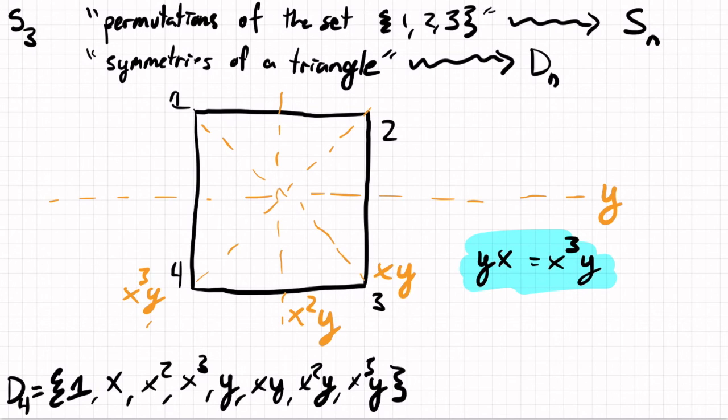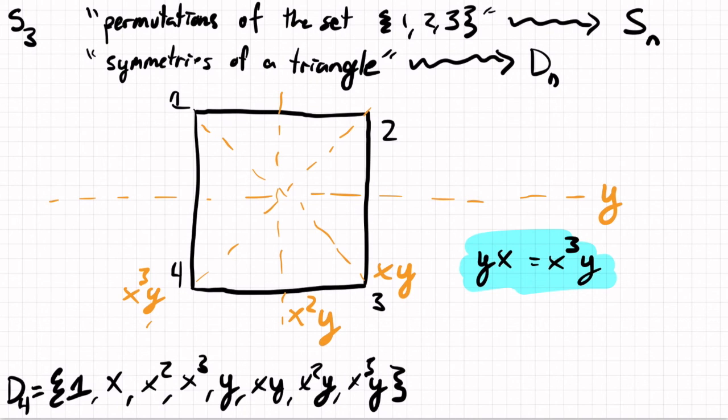So the dihedral group is, by definition, the symmetry group of the regular polygon with n sides. So the dihedral group with 4 sides, D4, will be the symmetries of a square.